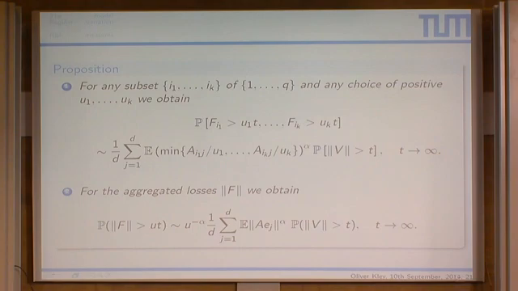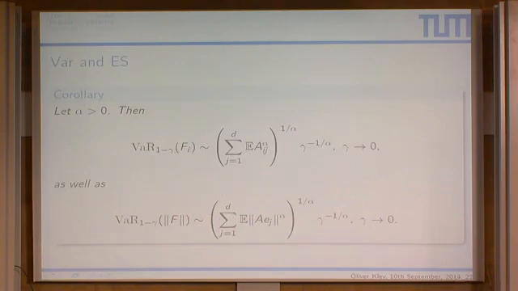And having determined these tail loss distributions, we can rather immediately say something about risk measures, about the asymptotical behavior of the value at risk of a single agent and of the value at risk of the aggregated vector. And you just use some assertions from regular variation to get the asymptotic statements here.